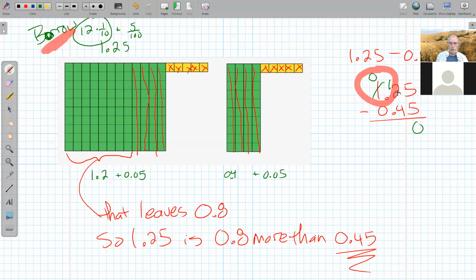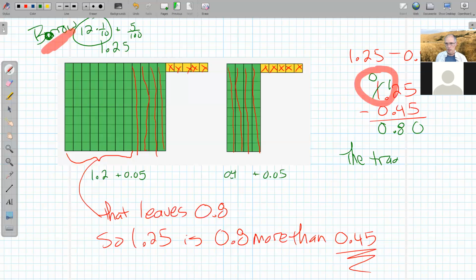That's the point of using these toys to show this. We justify why the algorithm works because of the trade. So 12 tenths minus 4 tenths leaves me with 8 tenths, and 0 minus 0, there are no ones.